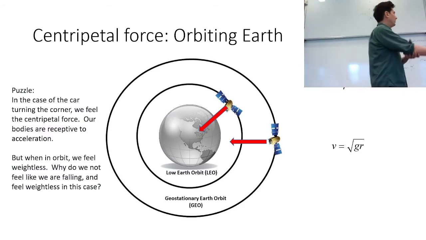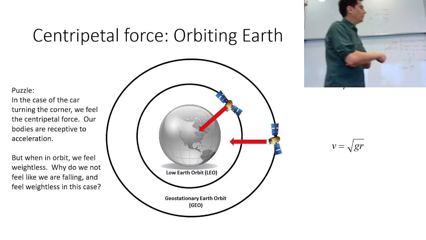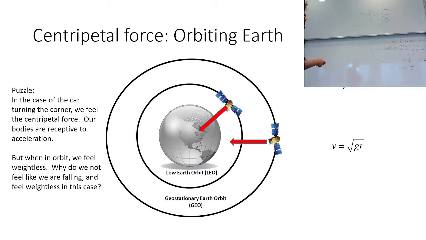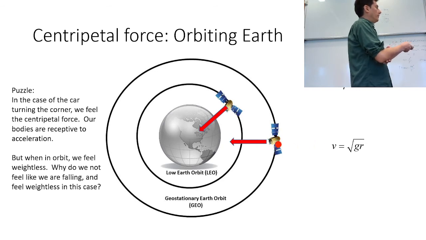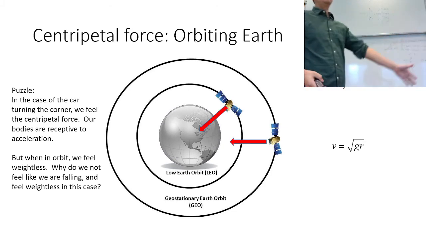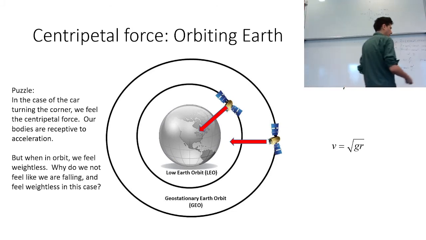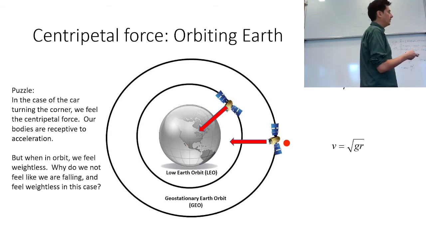Now, another example is, say, satellites. So you've got something orbiting the Earth. The Earth is providing a gravitational pull towards the center of the Earth, and that force is providing the centripetal force.